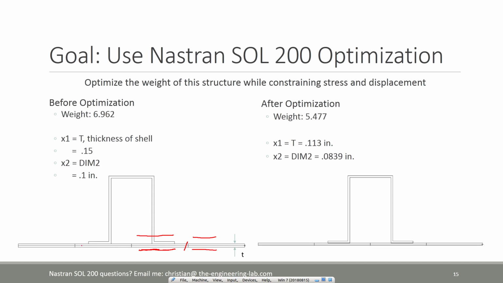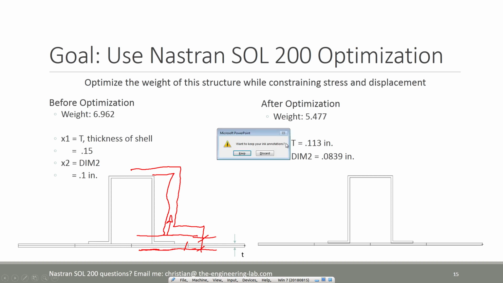We're going to say that as the thickness increases, so that would be this thickness here, also push up or offset the beam cross section. The benefit of doing this is that you have something that's flush. So if this was the beam cross section, you can see that it would actually move along with the thickness of the plate. So that's the relationship we're going to define right now.